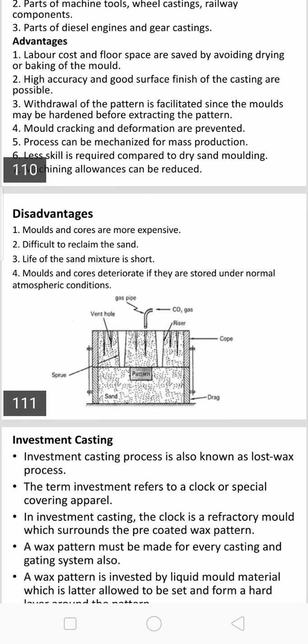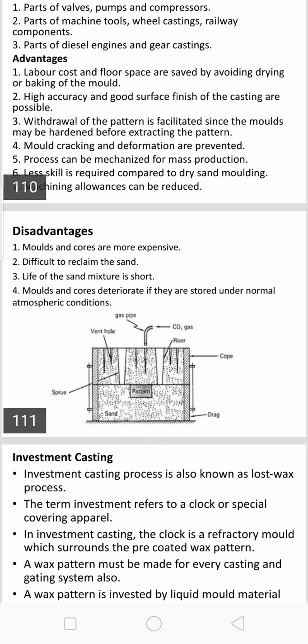So when carbon dioxide is passed into the molding sand, the sodium silicate reacts with carbon dioxide, and sodium carbonate and silica gel are formed. This silica gel coats all the grains, hence the mold becomes very tough, refractory and hard. So it is normally used for precision casting.